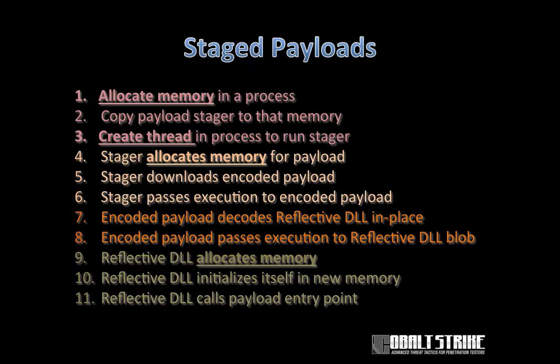In steps 7 and 8, the encoded payload is decoding itself in place. And steps 9 through 11 are the payload initializing and passing execution to itself. So the payload's embedded loader is responsible for some of our characteristics in memory as well.